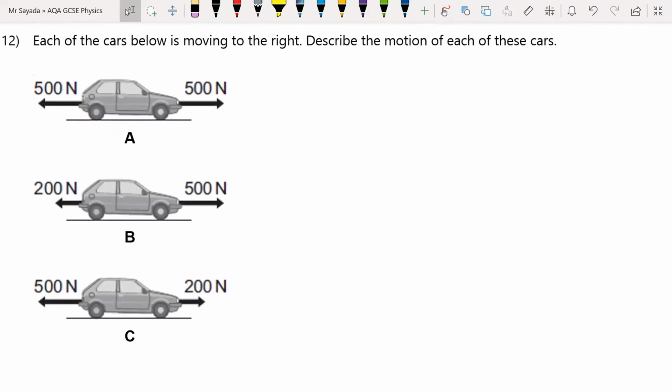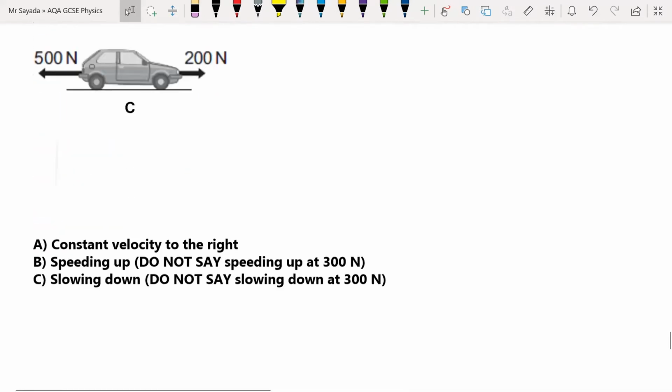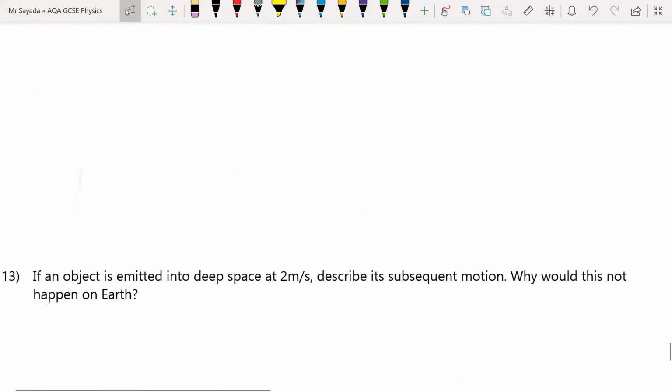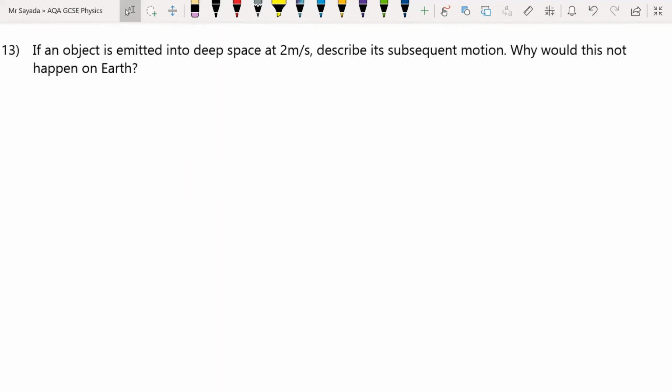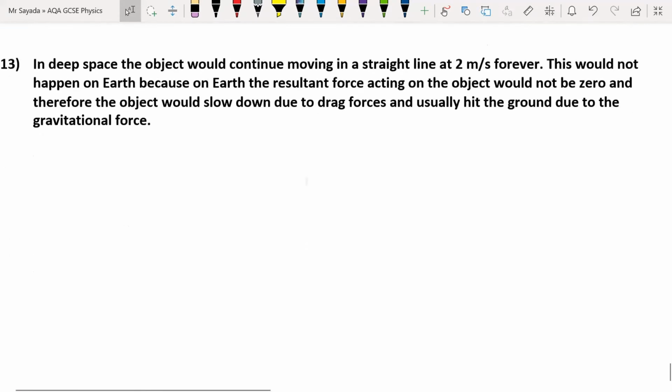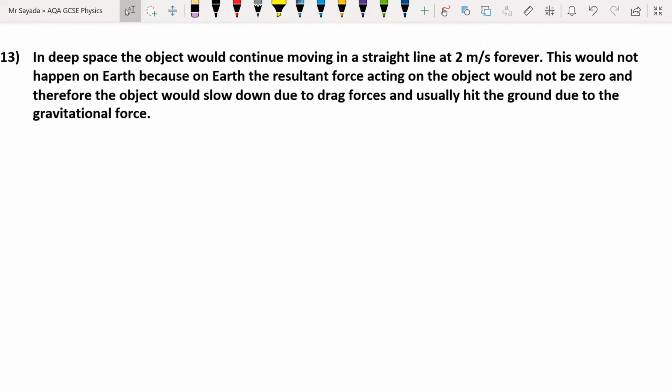Please now do this question. Pause the video while you do that. You should have now done this question. Please mark this question using these answers. You should have now marked your answers. Please do this last question here. Pause the video while you do that. You should have now done this question. Please mark it using this answer. Pause the video while you do that. Press play once you're ready.